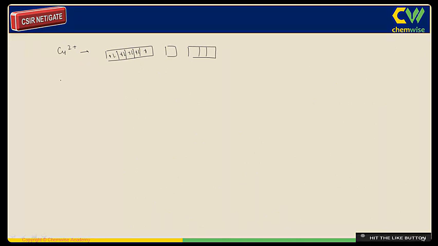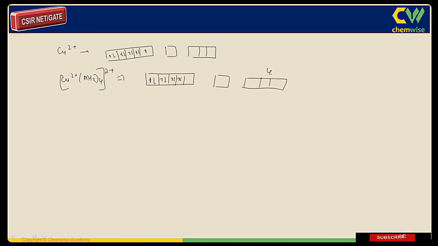If we assume that this is a square planar complex, then one d electron moved to the p orbital, that is 4p.